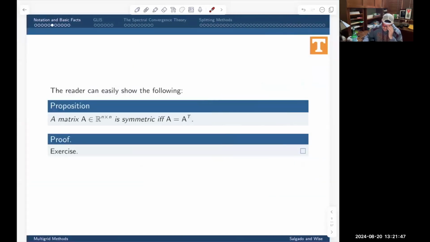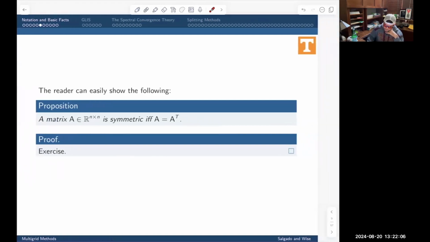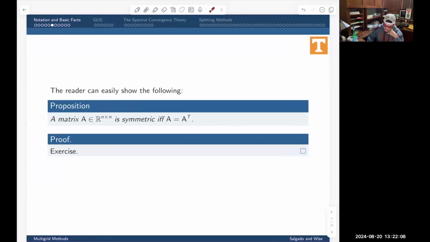All right, so using that definition of inner product and symmetry, it's pretty easy to show that a matrix is symmetric if and only if it's equal to its own transpose. Now, how would I prove something like this? Don't get caught up in the fact that this is the usual thing you think of as symmetric.